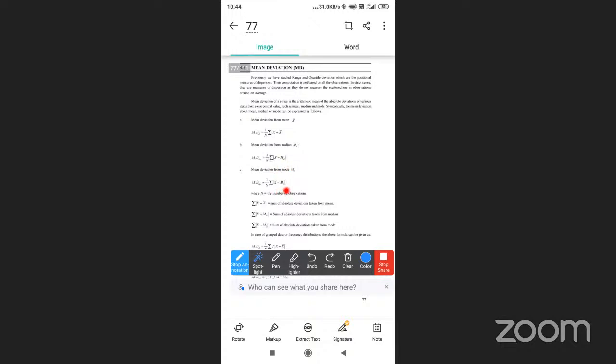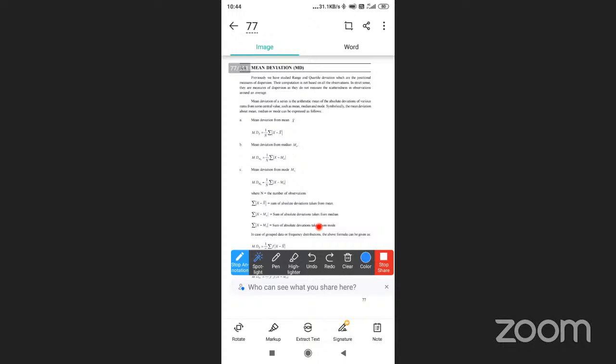Mean deviation about mode is equal to 1 by small n, sigma modulus x minus mode, where n is the number of observations. Sigma modulus x minus x bar is the sum of the absolute deviations taken from the mean. Sigma modulus x minus median is the sum of the absolute deviations taken from the median. Sigma modulus x minus mode is the sum of the absolute deviations taken from the mode.